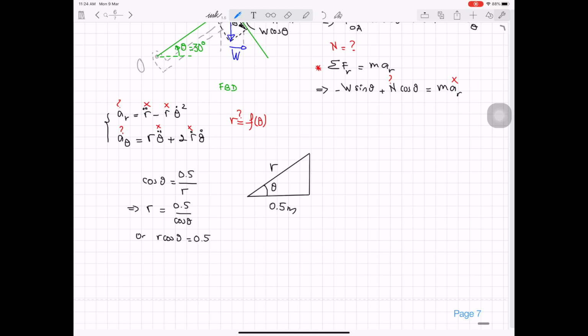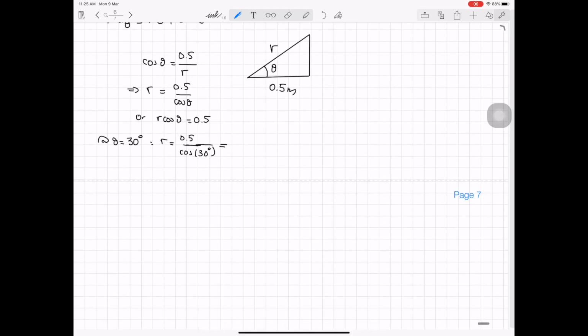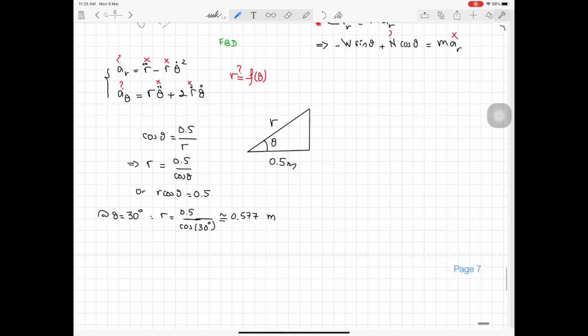So if I put theta equals 30 degrees, I can calculate r is equal to 0.5 divided by cosine 30 degrees. And this should give me about 0.577 meters.